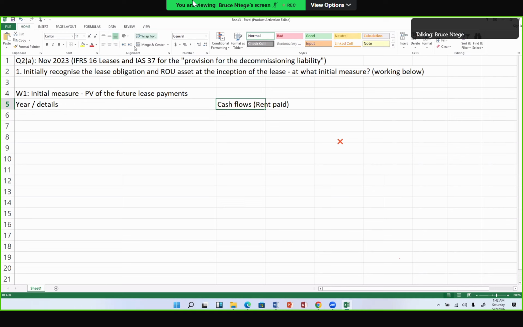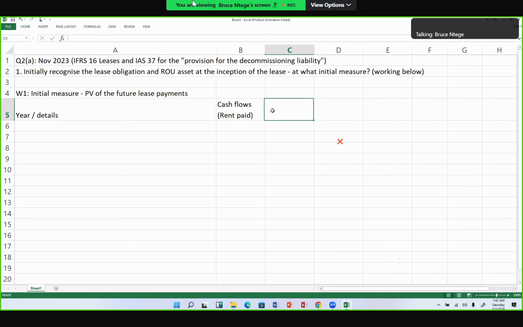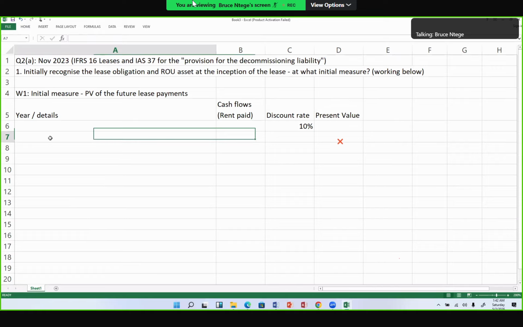Then I'm also going to have the discounting by using the discount rate. They've given me a discount rate for the lease obligations being 10%. Remember? Then this should give me the present value, which I'm looking for at the start of the lease. So I have 6 years.